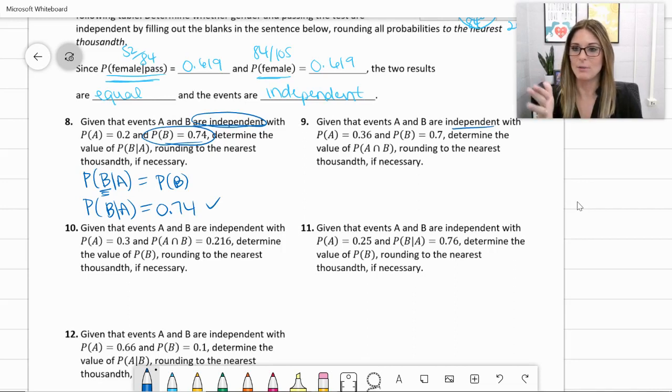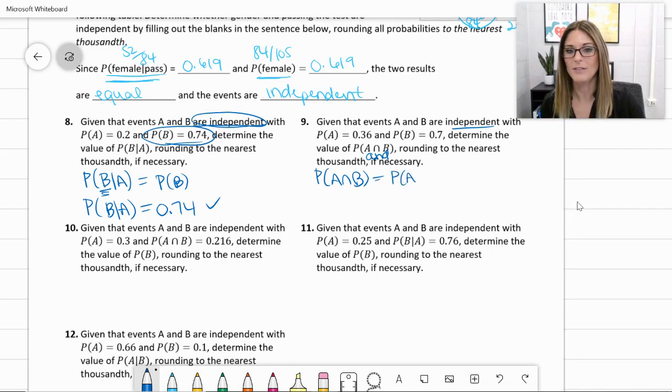Number 9, given that A and B are independent, so we can use those rules above, with probability of A given, probability of B given, determine the value of A intersection B. Now you're looking above, right? And you're like, Ms. Bryan, where is the intersection? Intersection means the same as and. So we're going to take the probability of A intersection B, and if they're independent, I can take the probability of A and multiply it with the probability of B. The probability of A was 36 hundredths.